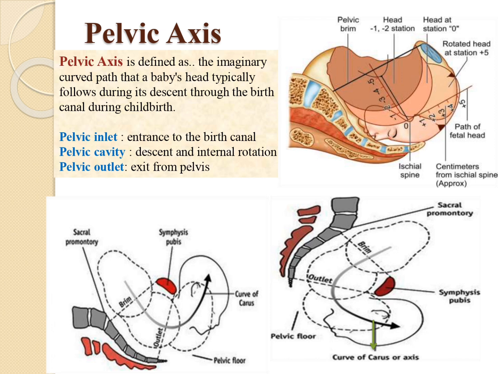Levels above and below the spines are divided into fifths to represent centimeters. The station is said to be 0 if the presenting part is at the level of ischial spines. The station is stated in minus figures if it is above the ischial spines, and in positive figures if it is below the ischial spines.